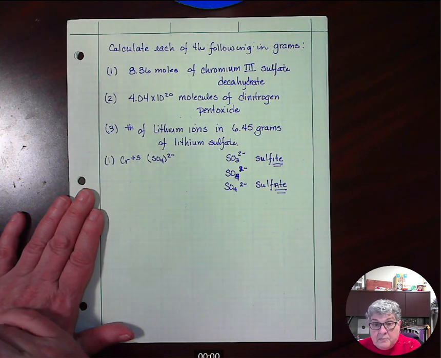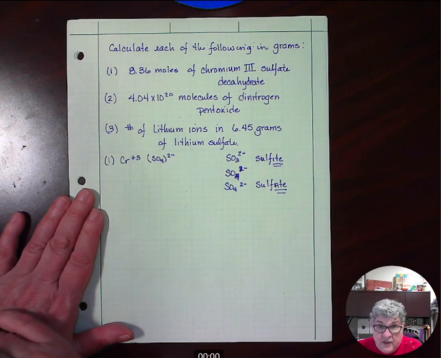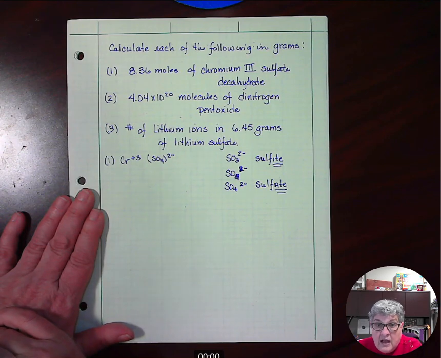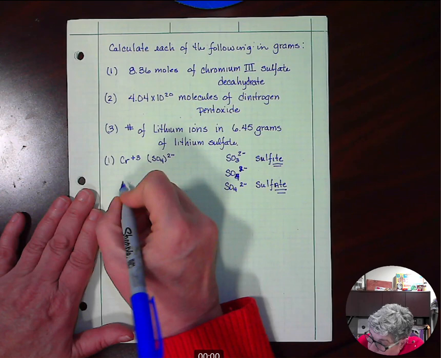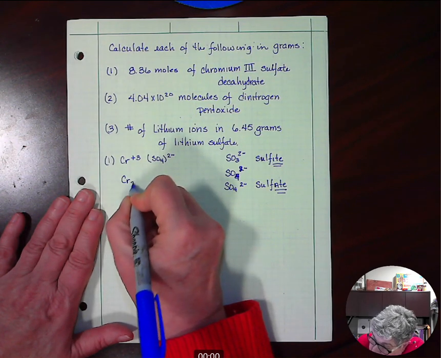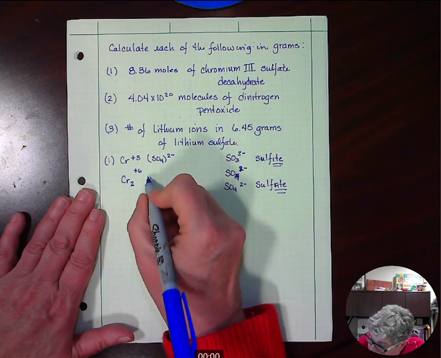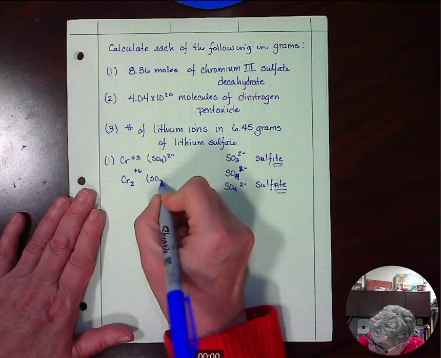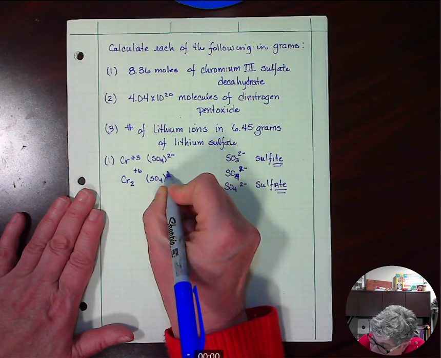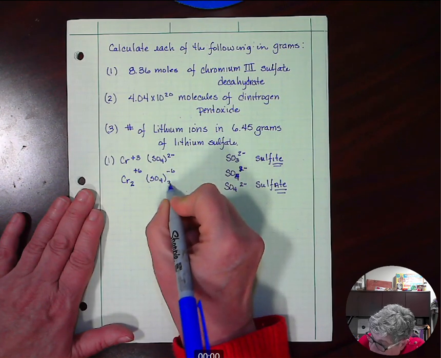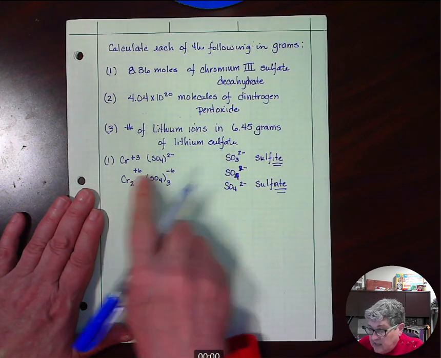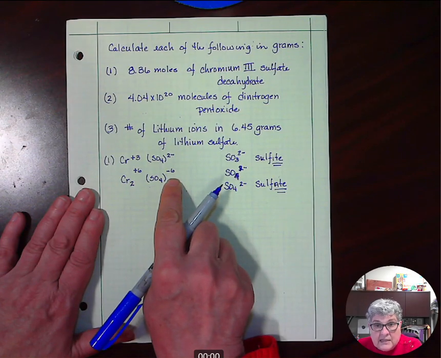My chromium is a +3, and my sulfate is a -2. And so we need these to be neutral. So how am I going to make it neutral? Well, in order to do that, we're going to take 2 chromiums, and that's a +6. And we're going to take 3 sulfates, that's going to be a -6. Now I've got my +6 and my -6, those are going to cancel out.